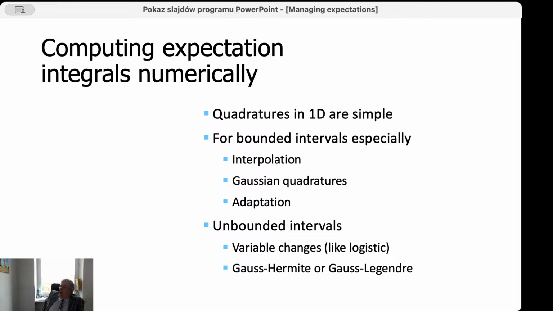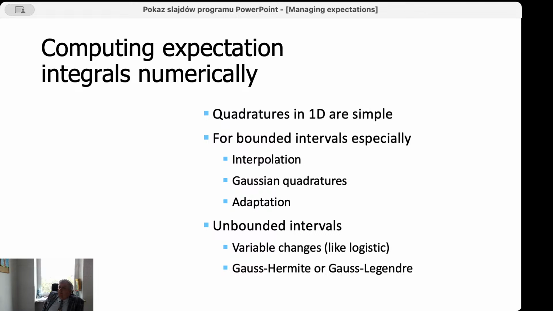If we have only one variable, the quadratures in 1D are very, very simple. If we have a bounded interval where we compute the expectation, they are trivial to solve using interpolation quadratures or Gaussian quadratures or adaptive quadratures.